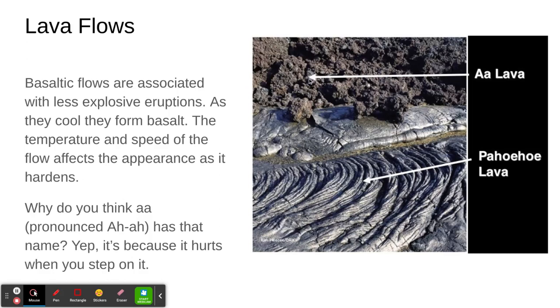Those who live in Hawaii, or the natives to Hawaii, have very specific names for these kinds of lava, because they have to face them and deal with them all the time. The first one, because it literally hurts when you step on it, is the very pokey kind here. And then the pahoehoe is the smoother, kind of ropey looking stuff that you see in the lower part of the photo.